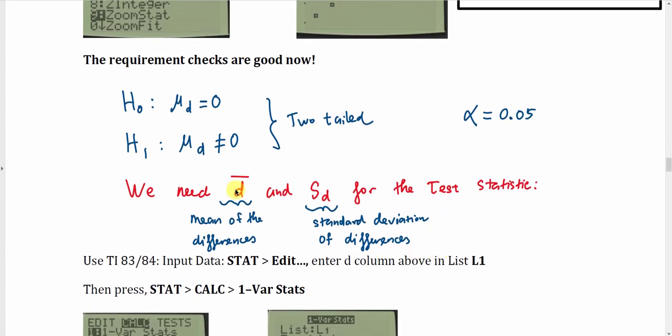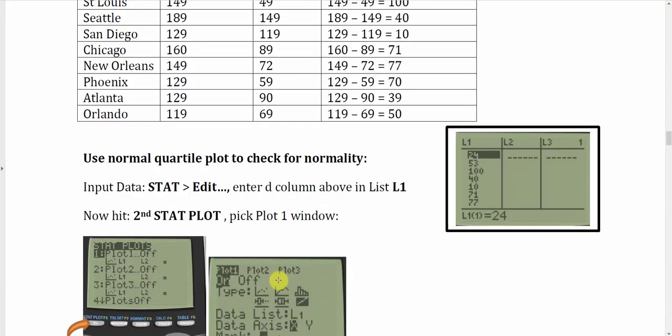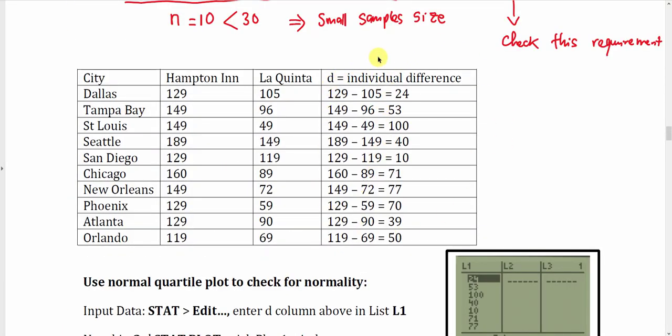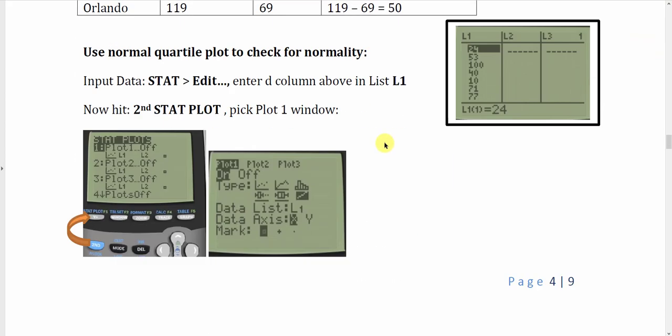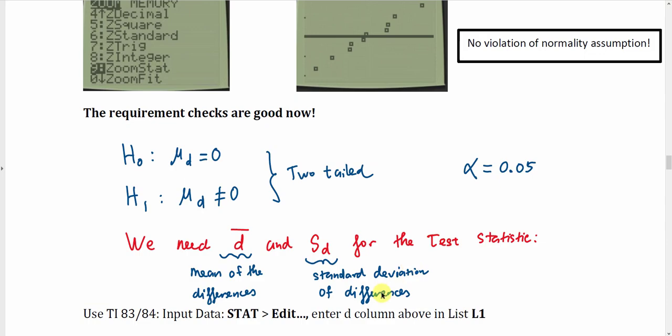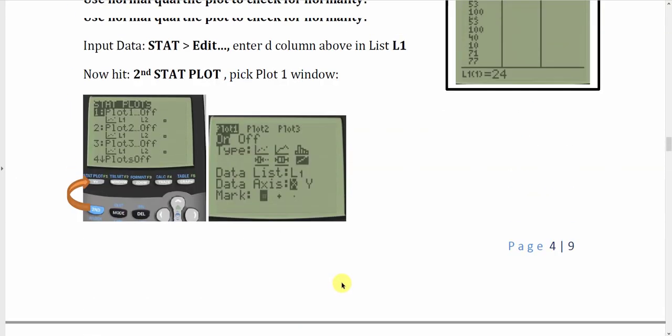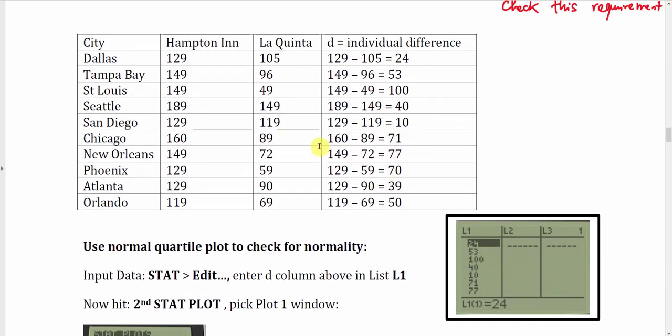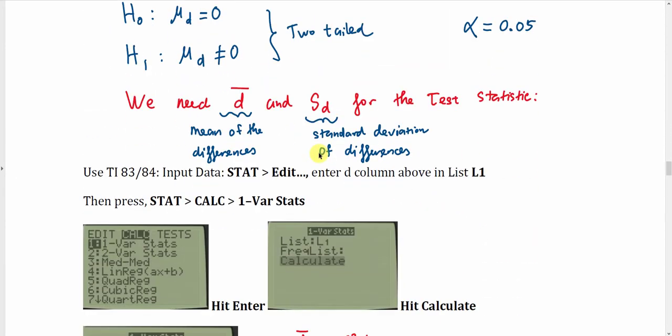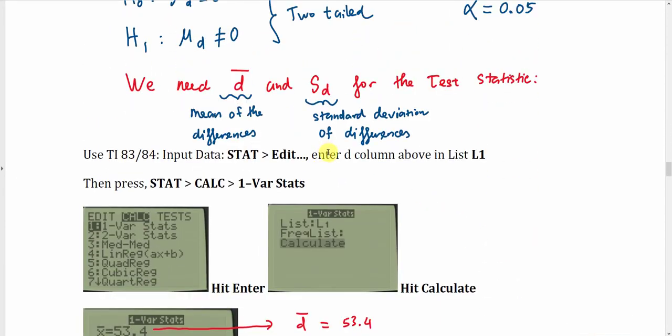Now we need D bar and SD for the test statistic formula. D bar is just the mean value of all the differences that you just found in this column. So this is the D column. For D bar, you just add all of them together and divide by 10 to get the mean value. Then we can also find the standard deviation of those differences for all 10 values of D. We can do that easily by going to Stat, Calc, and 1-Var Stats.